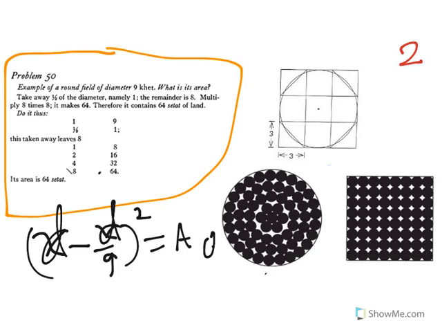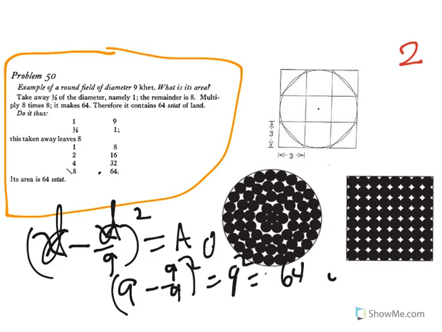But it gets us a pretty close answer, because in this case 9 minus 9 over 9, squared, is 8 squared, which is 64, versus the actual answer of approximately 63.585.